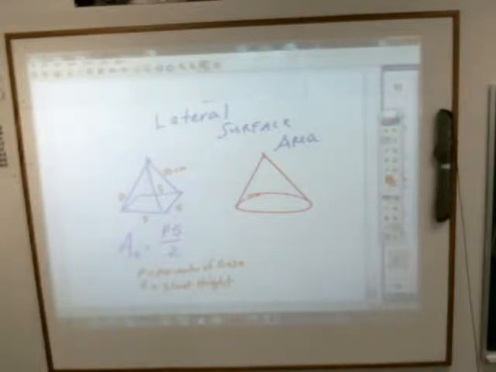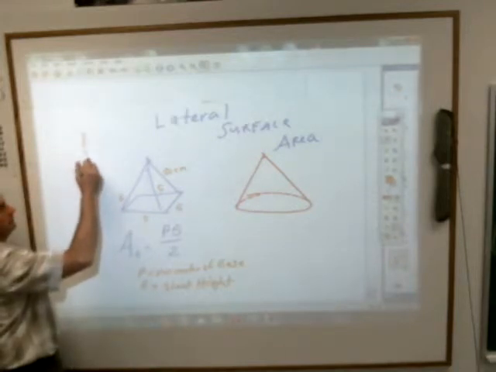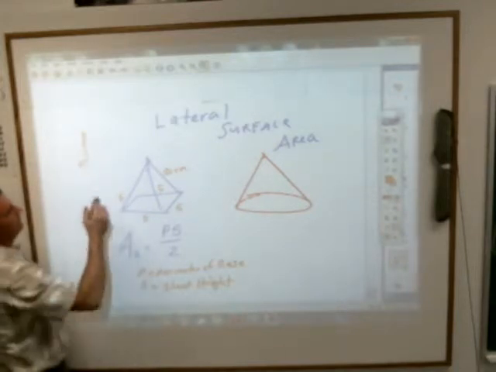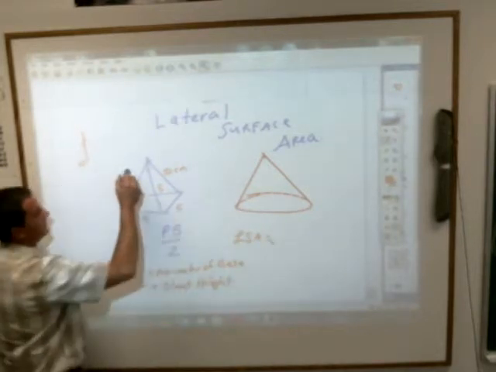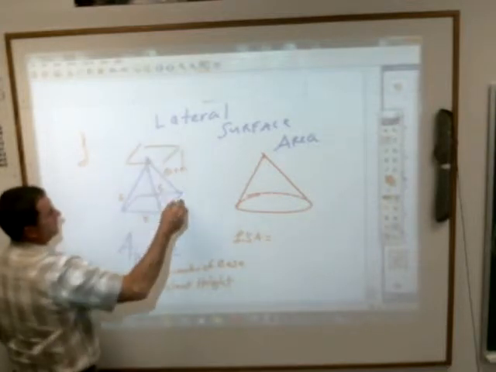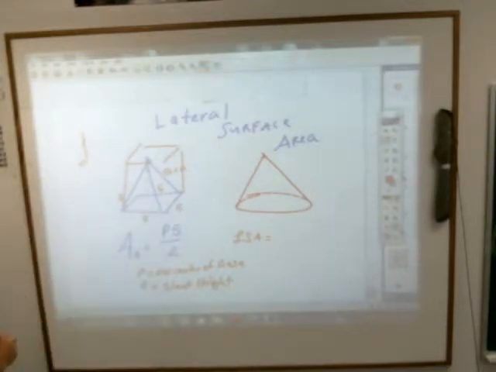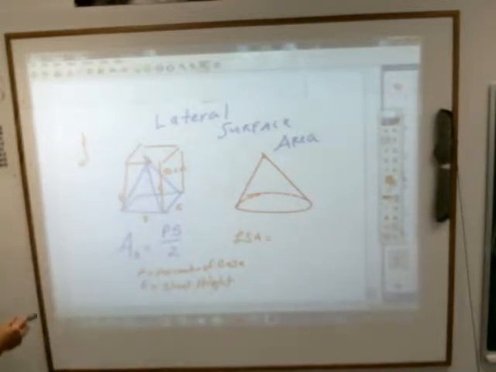Now, if you're really thinking mathematically here, if this was a regular prism like this, how do we find the normal lateral surface area?